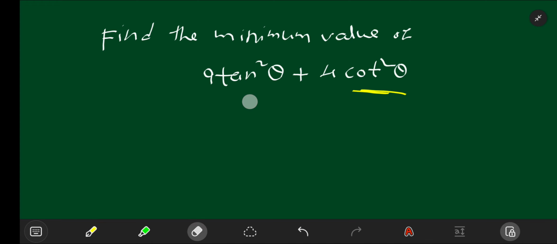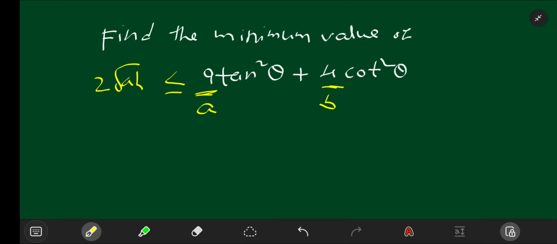So at the coefficients, 9 and 4 are there. This one is A and this one is B. We know the formula for this reciprocal equation, the minimum value formula, that is 2 root AB.